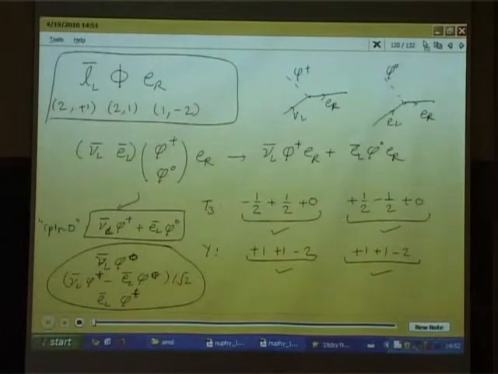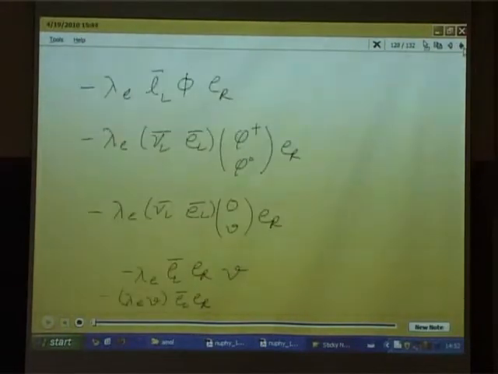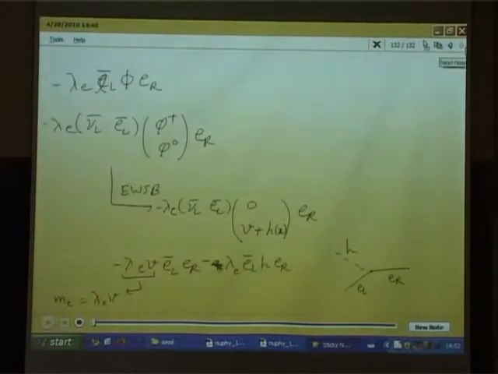This vertex was before the electroweak symmetry breaking, which is at higher energies than the electroweak symmetry breaking scale. This is the diagram that shows it. Once electroweak symmetry breaks, you no longer have phi 0. You only have H, after you take out V, which goes into the vacuum. So after electroweak symmetry breaking, the first term becomes a mass, and the second term gives you a vertex like this.